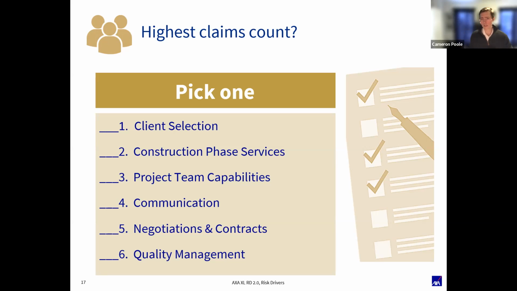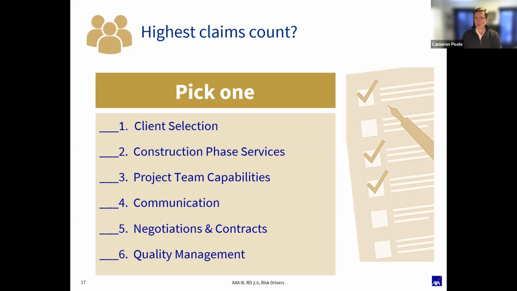Performing to the same level as another architect would, practicing in the same or similar locality on a project of same or similar size, scope, and complexity. That's what you're held to. If you sign a contract that says you will perform to the highest standard of care, or you will produce error-free design documents, that's significantly elevating your standard of care, and that would trigger the contractual liability exclusion on your professional liability policy. So that's really important too.